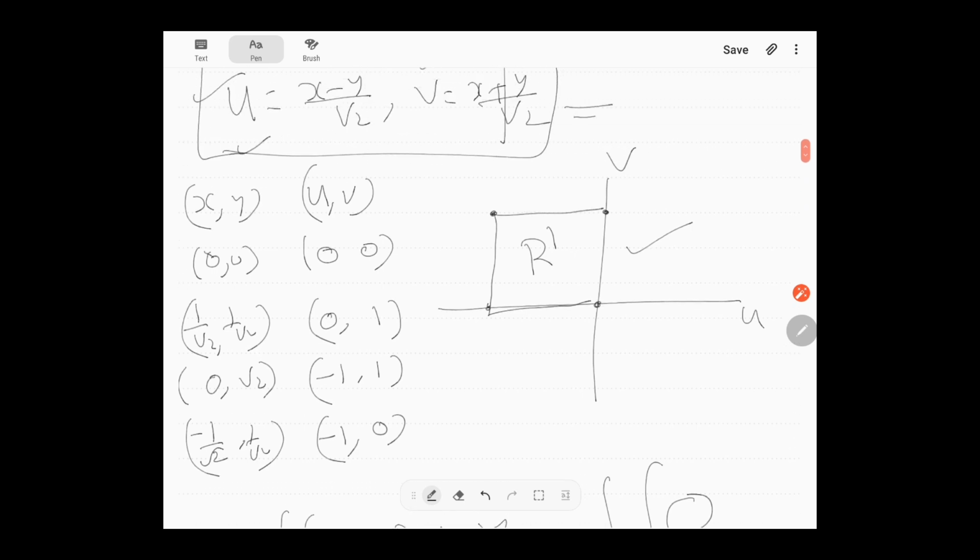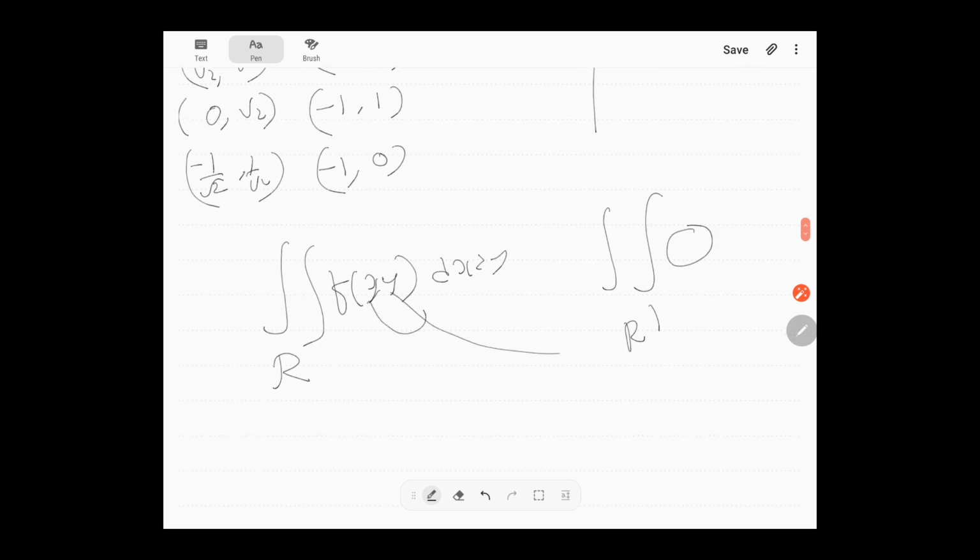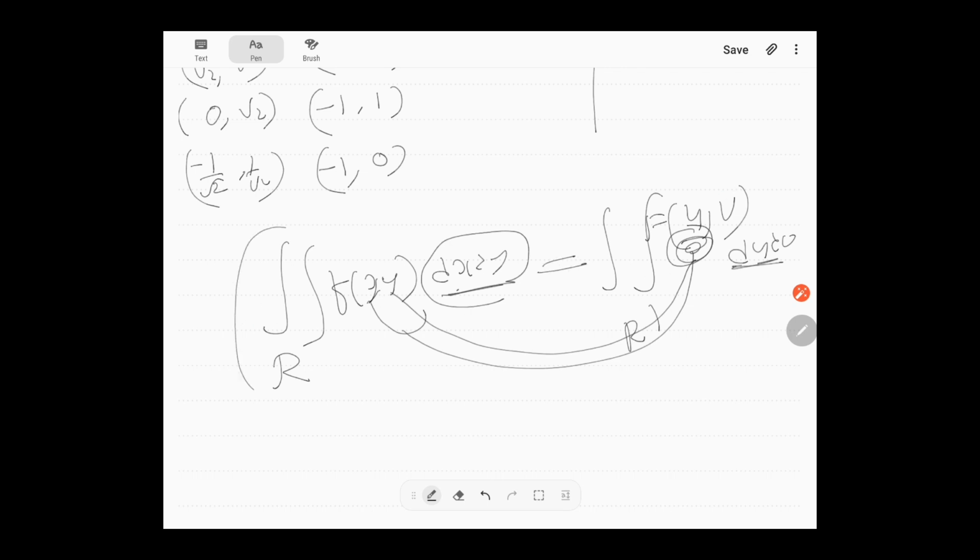From this transformation I can find x in terms of u and v, and I can find y also in terms of u and v. In place of x and y, if I write the functions in terms of u and v, you will get some other function, capital F of uv. What happens to this dx dy? Does it become du dv or not? How will these two be equal? This is what we are going to learn in this particular lecture.